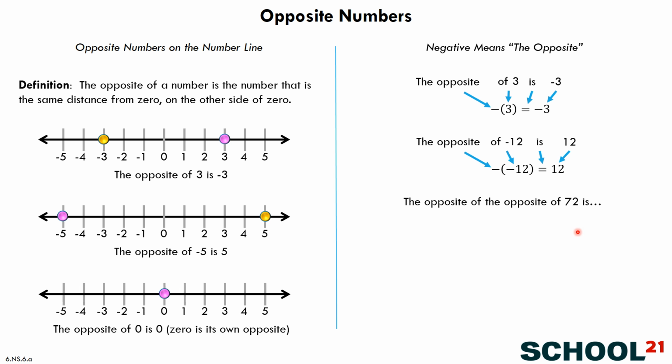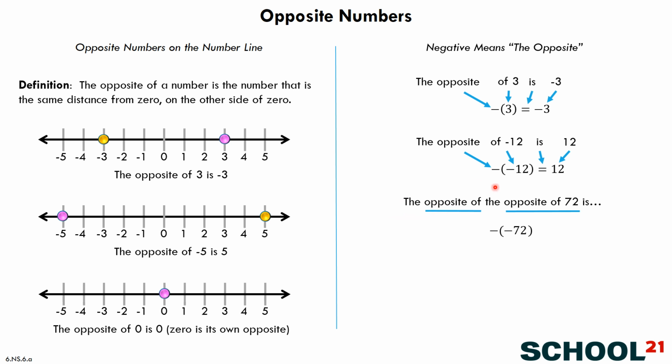So instead of doing this in words, let's make it easier by doing it in a math statement. So what would be the first thing we would write? Negative? Good. So, let's first figure out what the opposite of 72 is. What was the opposite of 72? Negative 72. Good. And then we'll do this part over here. So the opposite of that would be kind of like this, right?